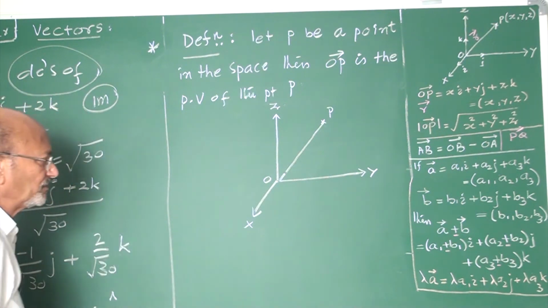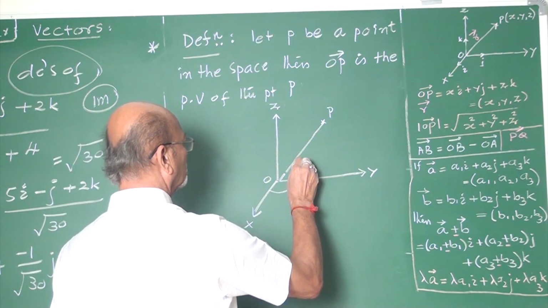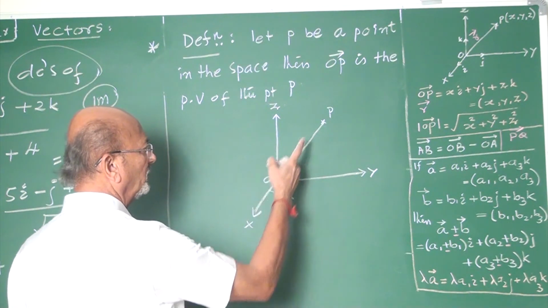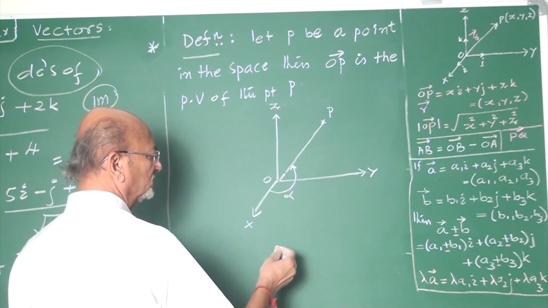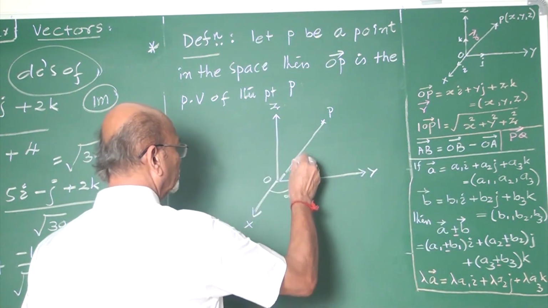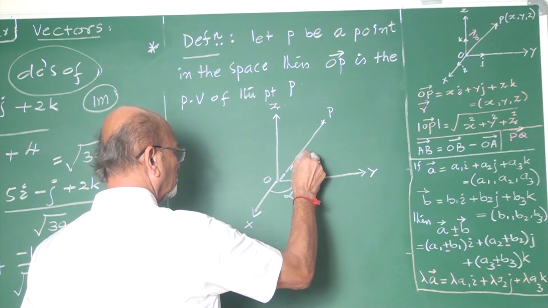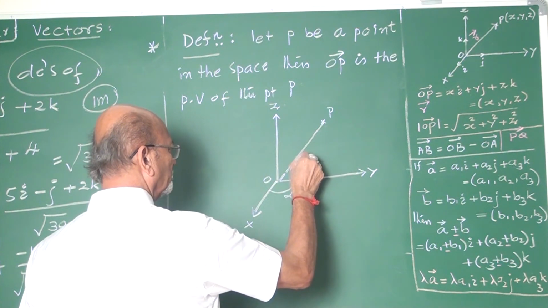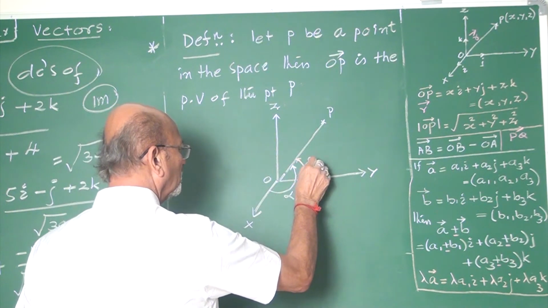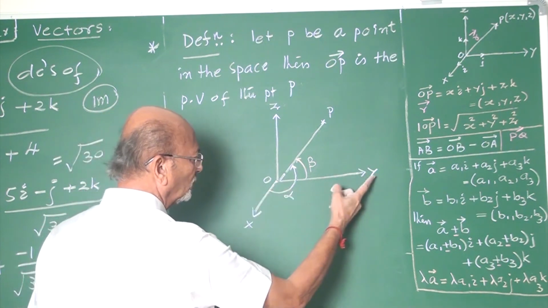This is alpha, the angle made by OP with OX. This is beta, the angle made by OP with OY.